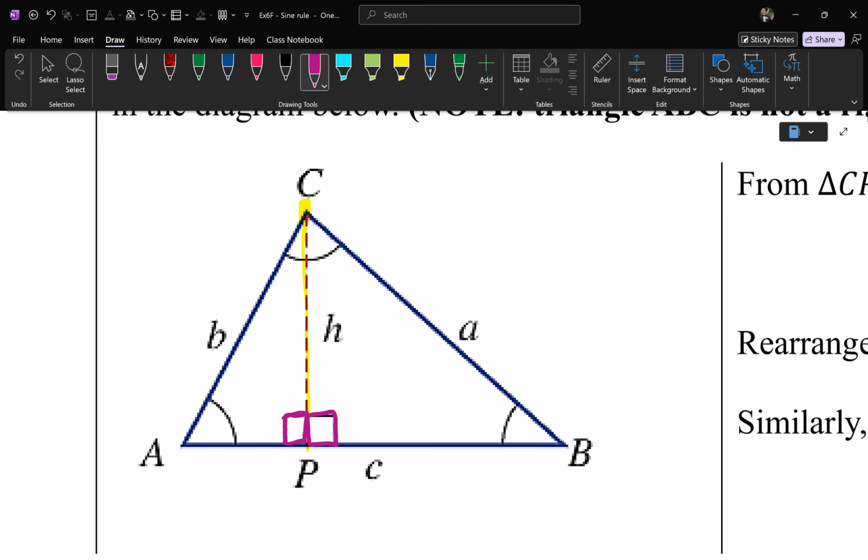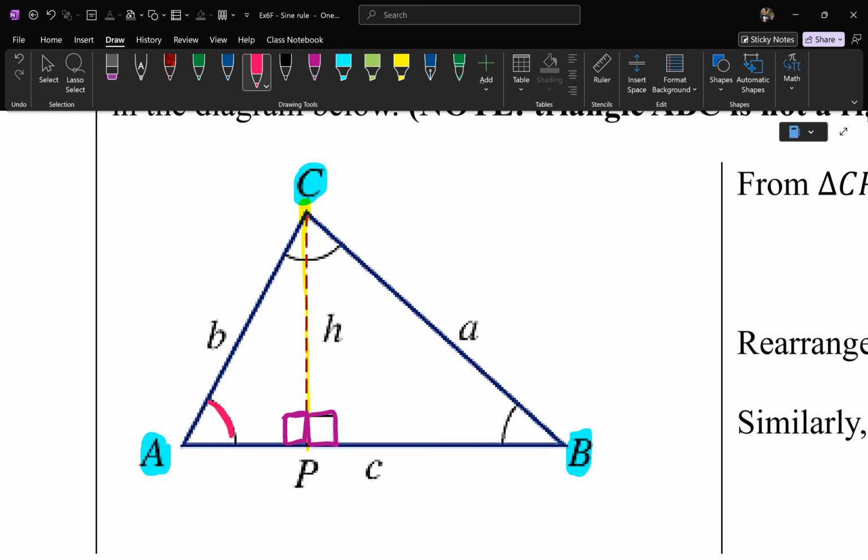Now, a couple of things to work out how to work with sine rule. One, notice the corners are labeled with a capital letter, so I'm going to color it. A, B, C. Capital letters represent the angles as well.